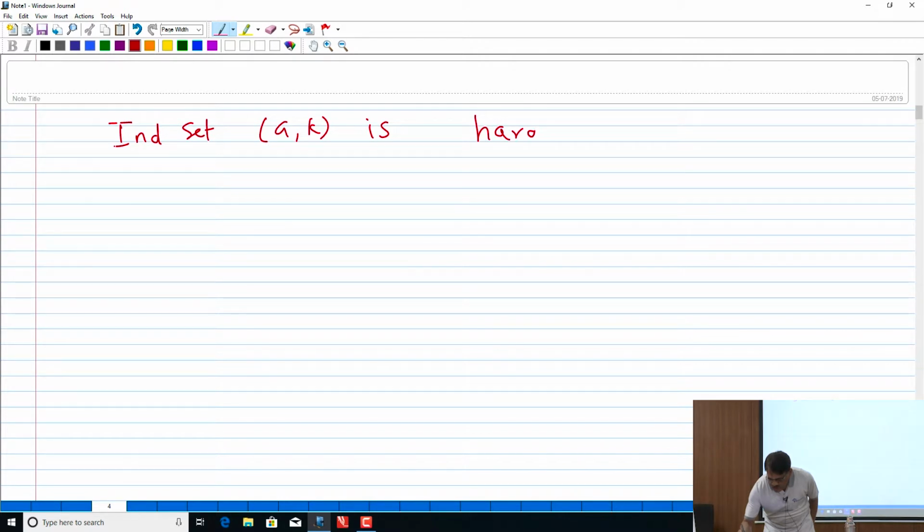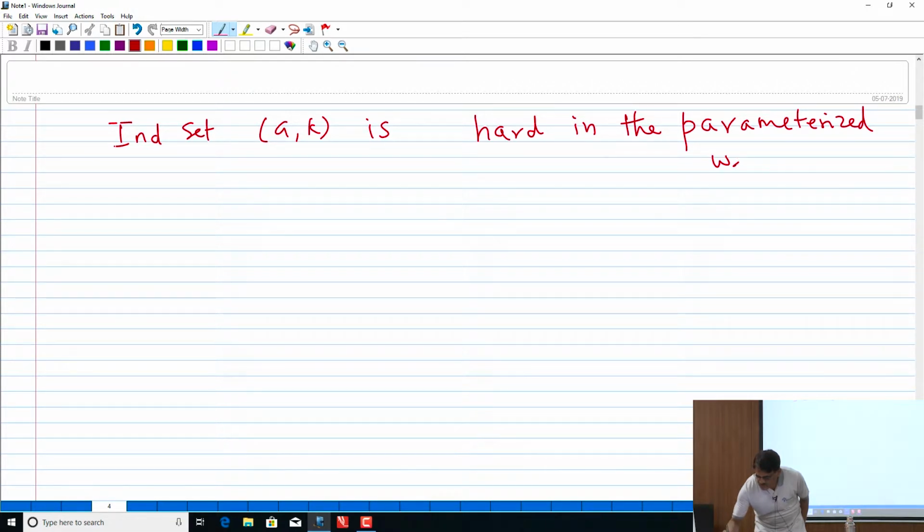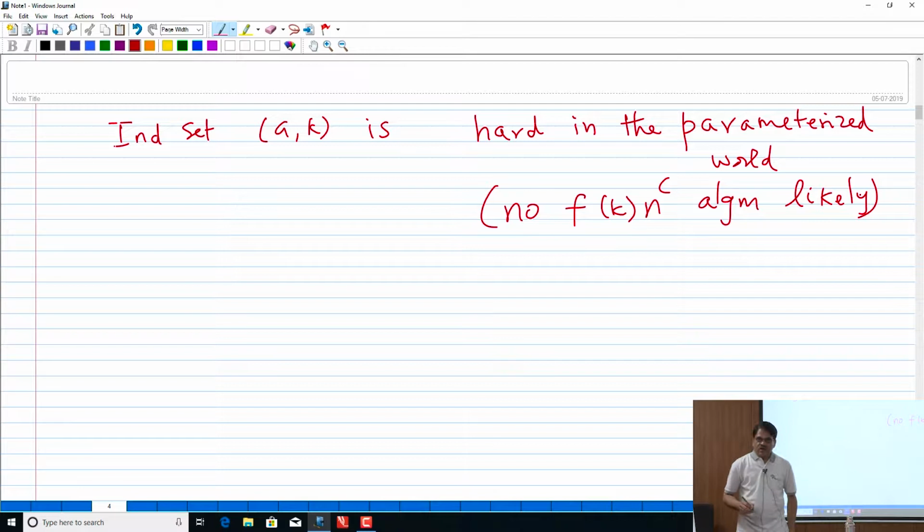Independent set is hard in the parameterized world, which means that no f of k n to the c algorithm is likely. And the actual precise notion of hardness here is what is called W hard.